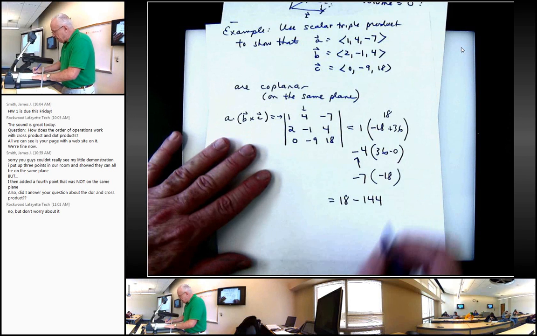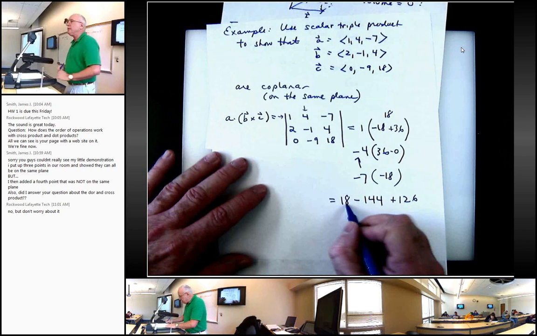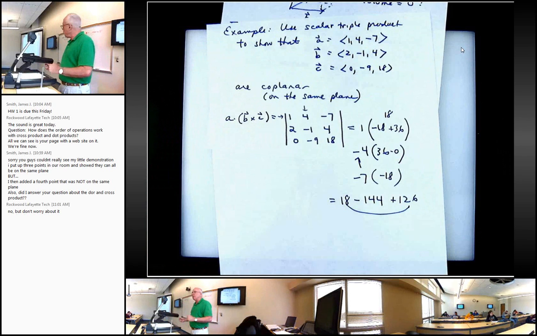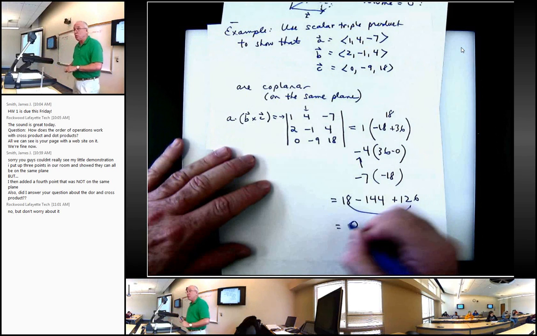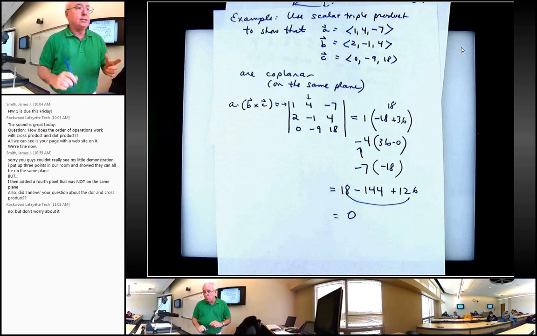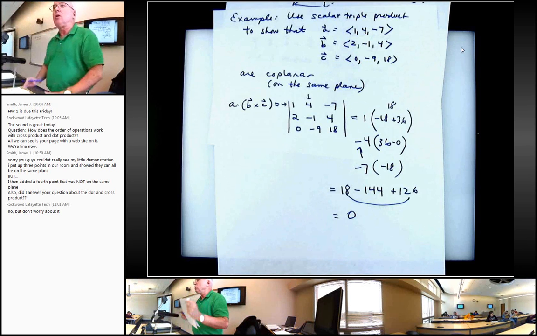And that's going to be a plus 126. So we combine 126 and 18 is 144, right? So we end up with 0, all right? So therefore, since it's a zero triple scalar product, we then can conclude that they are all on the same plane.